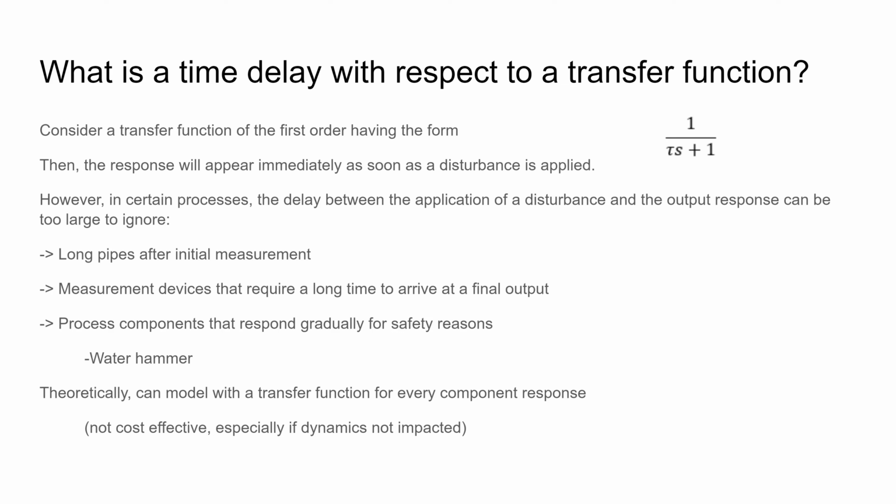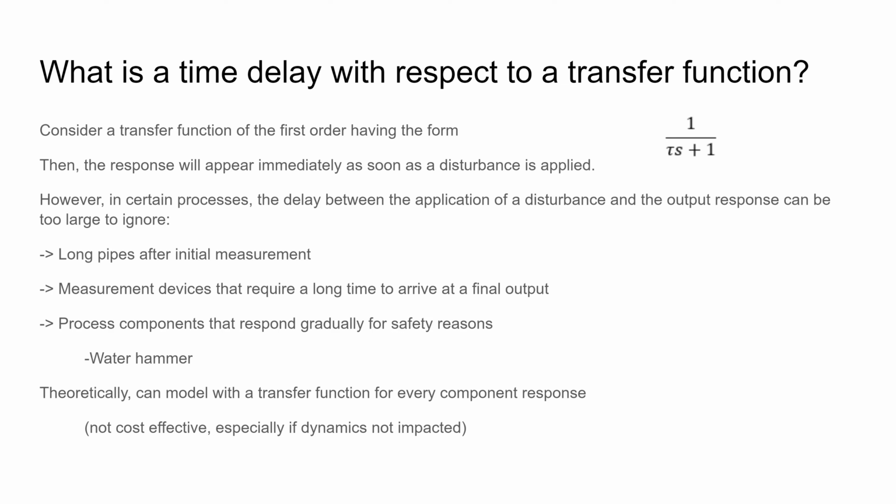Now, do you absolutely have to have a time delay modeled into your function? Well, not necessarily. You could simply model all time delays as transfer functions. For example, if you have some pipe flowing into your system, you measure it way upstream, then you can simply model the time it takes for the concentration to change down the pipe with a transfer function.